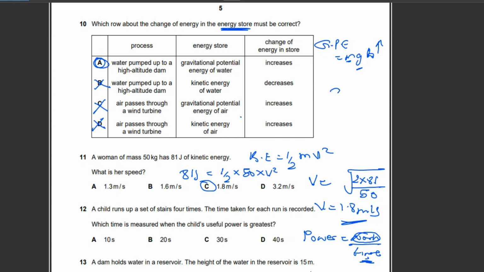If I'm able to do 20 joules of work in 1 second, and another person is able to do 20 joules of work in 5 seconds, who has more power? I have more power because I have done 20 joules of work in lesser time. The smaller the time, the higher the power. So what's the correct answer here? The correct answer here is A.